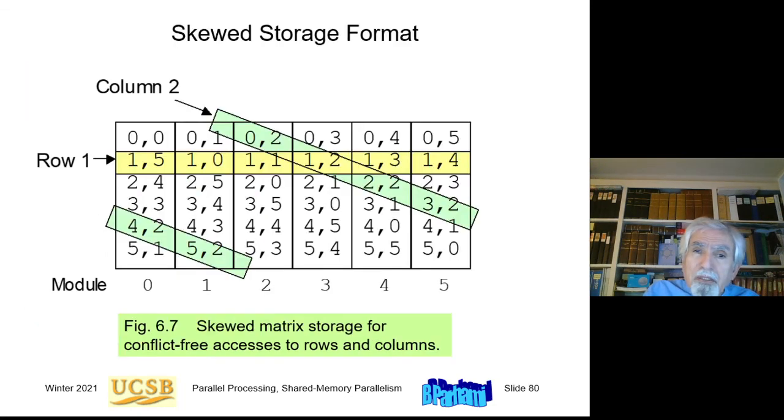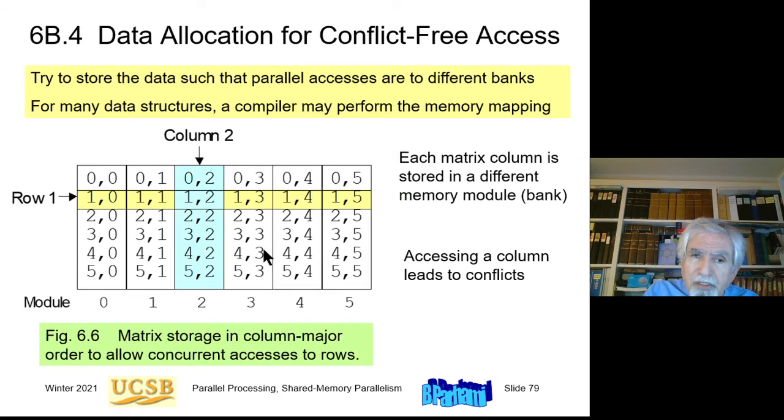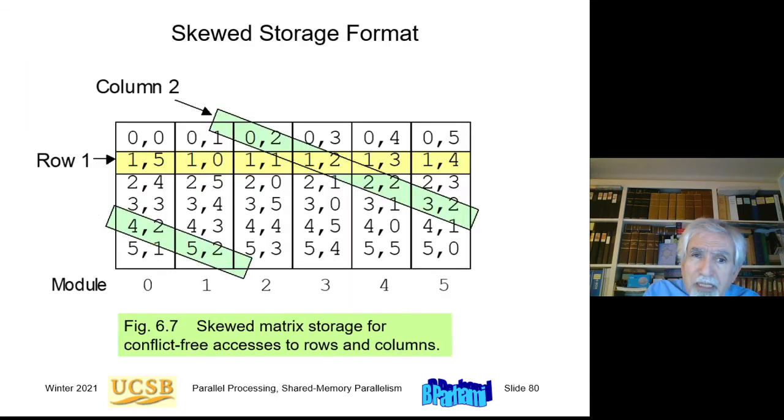Okay? So this gives rise to the idea of skewed storage format, in which the matrix is not stored in its natural format shown there, columns in the same memory bank, but in skewed format. So row 0 is stored beginning with this bank. Row 1 is stored beginning with this bank, and then it wraps around and goes here.